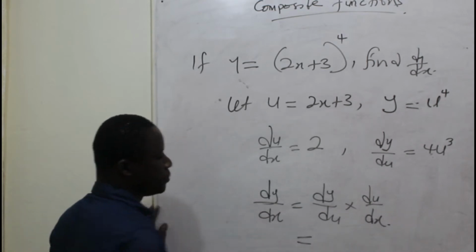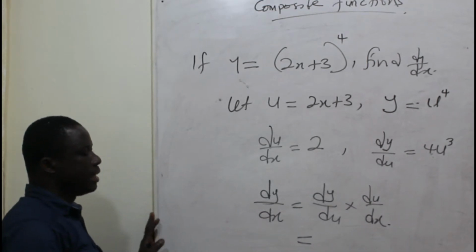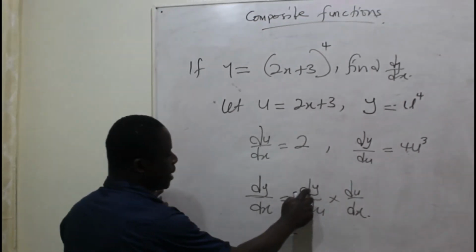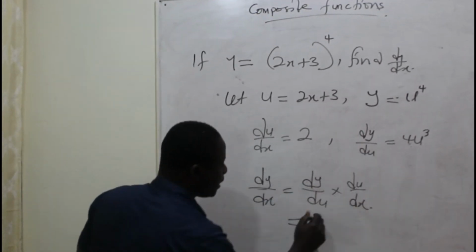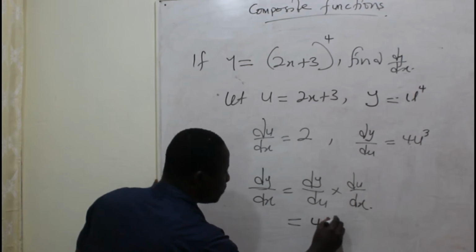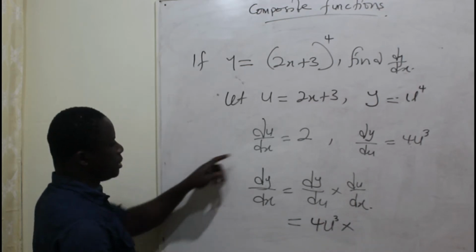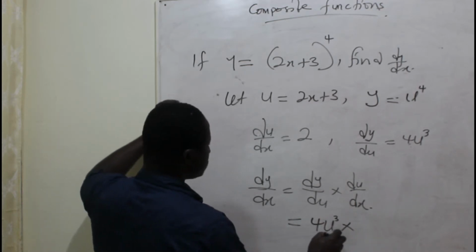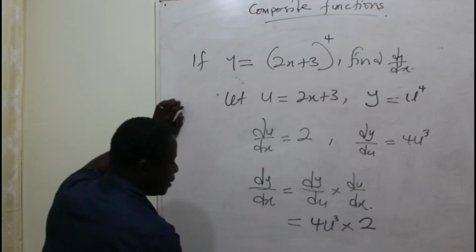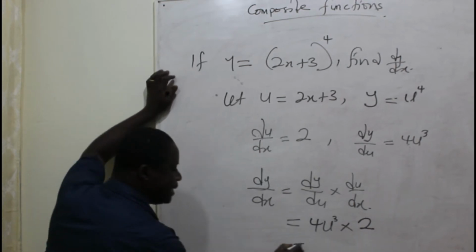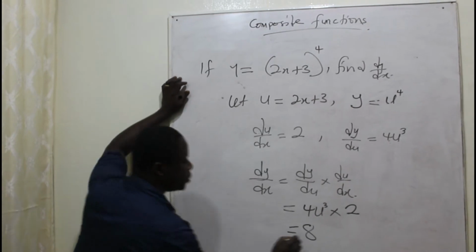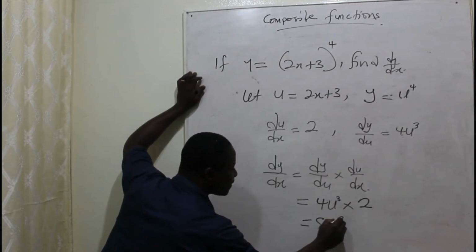That is the chain rule. And in that case, dy/du is defined as 4u^3 times du/dx, which is also 2. And the result is now 8u^3.